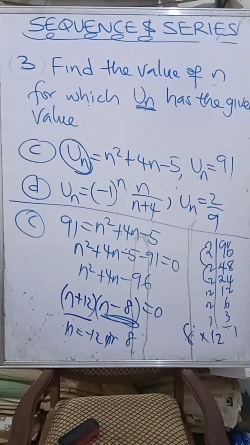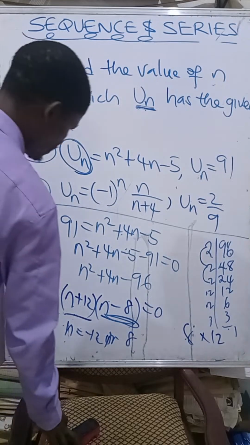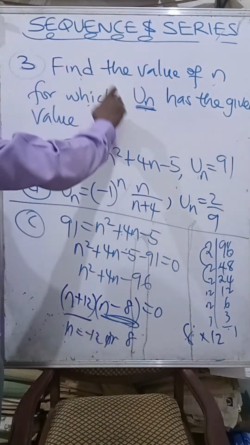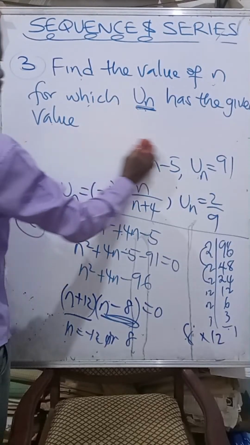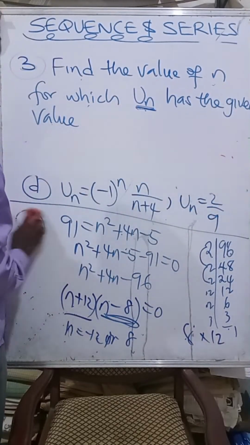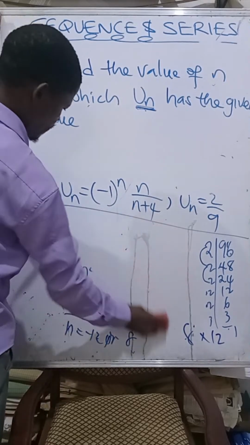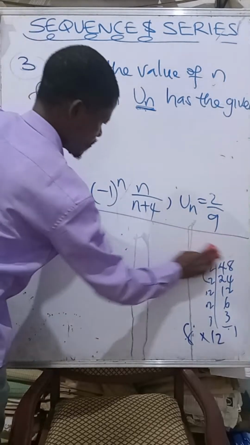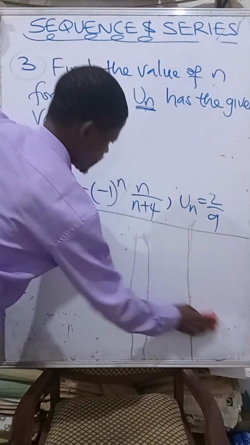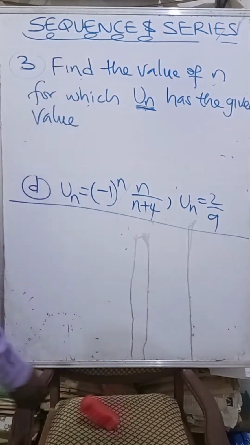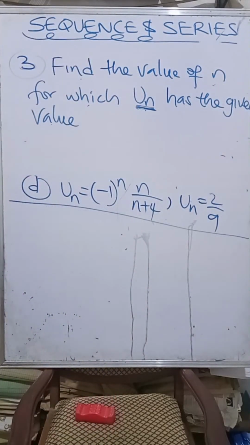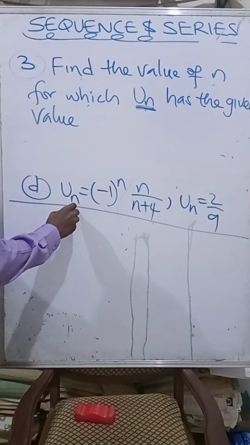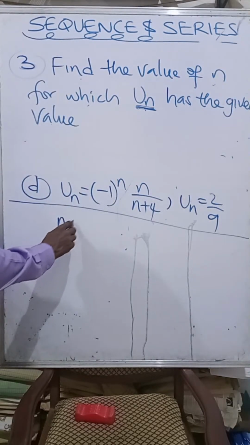So let's do the D part. So what we're going to do here, the first thing we do is that n must be even.